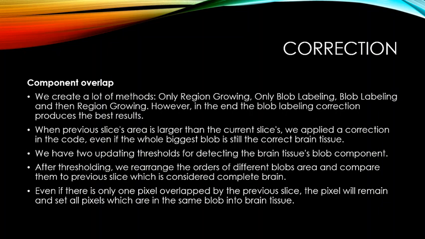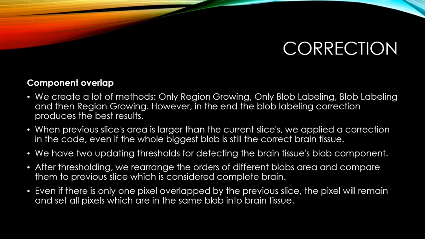And we have 2 updating thresholds to calculate the brain tissue's blob component pixels, and they are updating because we change them in each loop, in each slice. It will be increased at the top of our head, and it will decrease at the bottom of our head. After the thresholding, we rearrange the order of the different labels by area and find the biggest or second biggest blob to compare to the previous slice.